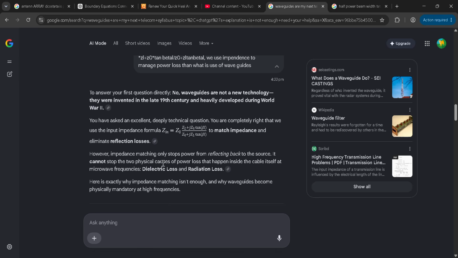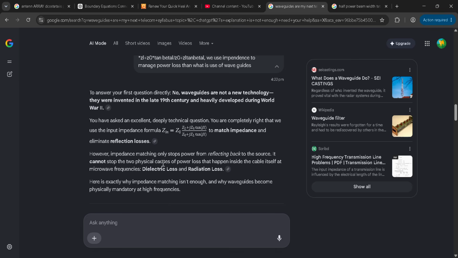What is that, and what is the use of waveguide? To answer your first question directly, waveguides are not a new technology. They were invented in the late 19th century and mainly developed during World War II. You asked an extremely deeply technical question.